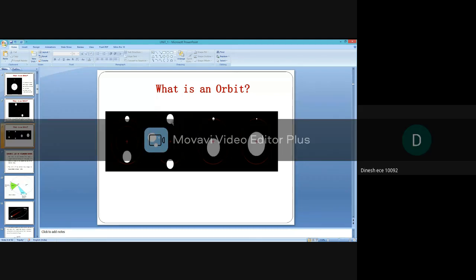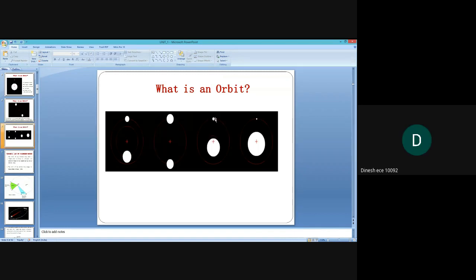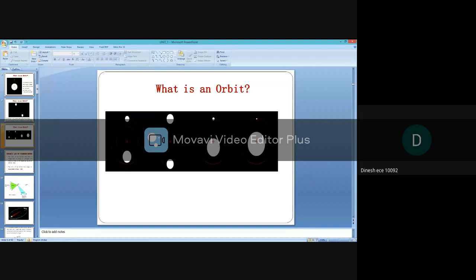Then you can see the barycenter is moved, and the mass of the body in the orbit is smaller, while the mass of the body at the barycenter is much larger. So these are your orbits.